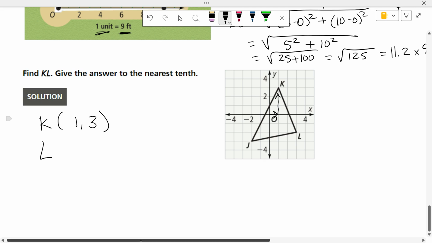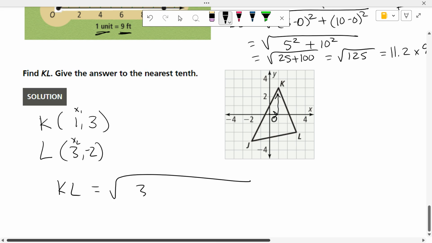What's the ordered pair for L, Radley? 3, negative 2. So the distance from K to L equals the square root of x2 minus x1, which is 3 minus 1 squared, and then y2 minus y1, which is negative 2 minus 3 squared.